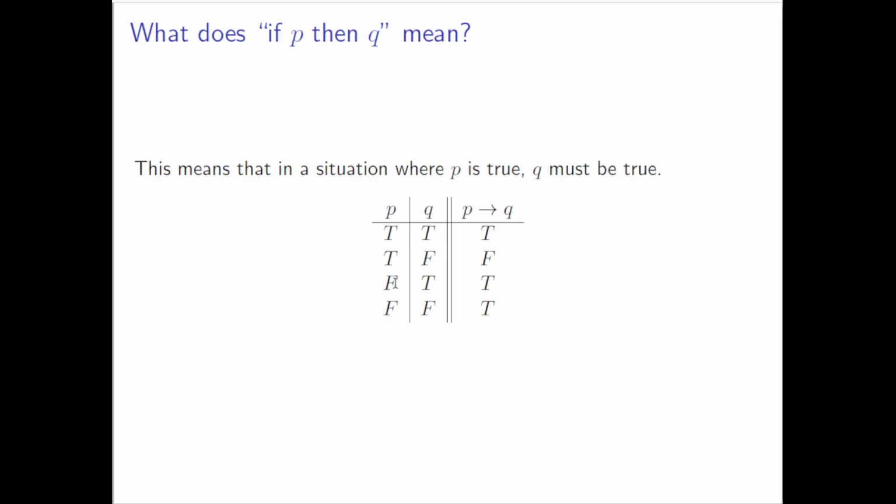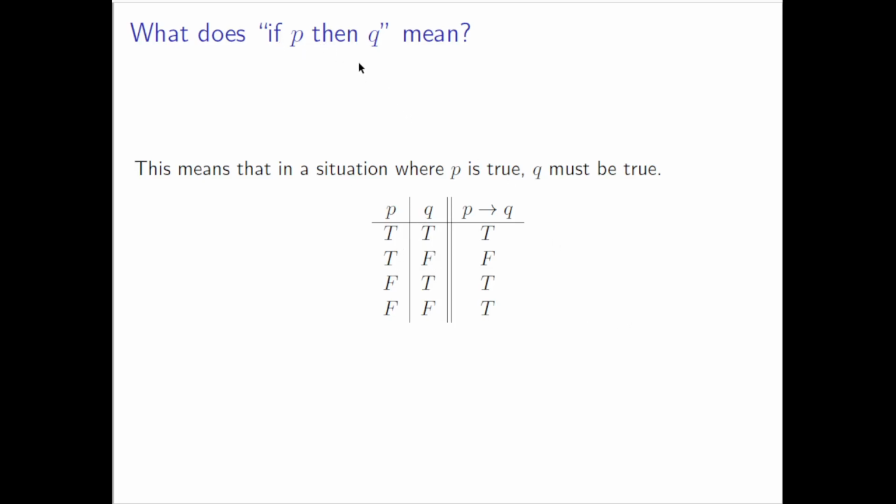Now, if P happens to be false, then all bets are off. So we can say if P then Q is true, it doesn't matter whether Q is true or false, in the situation when P happens to be false. The only thing we're not allowing is the combination of P being true while Q is false.